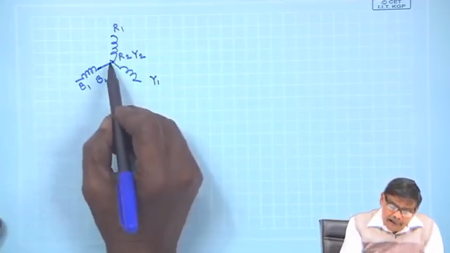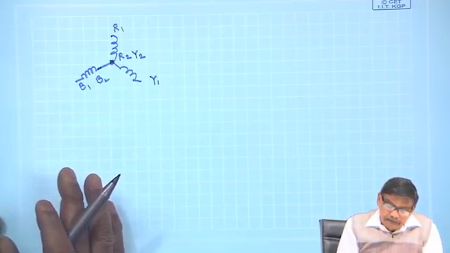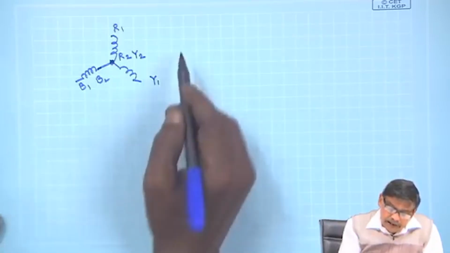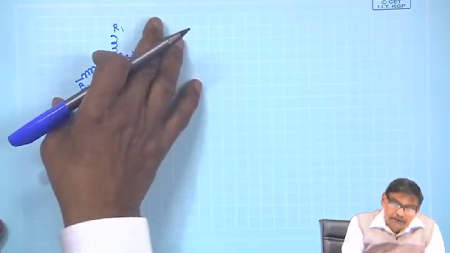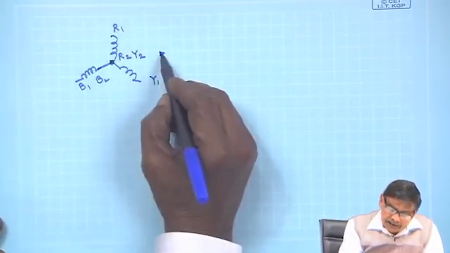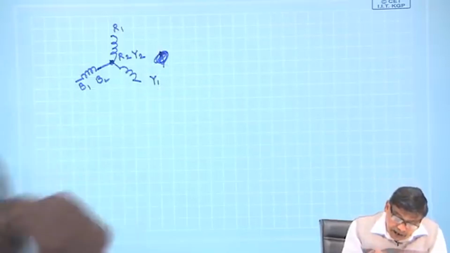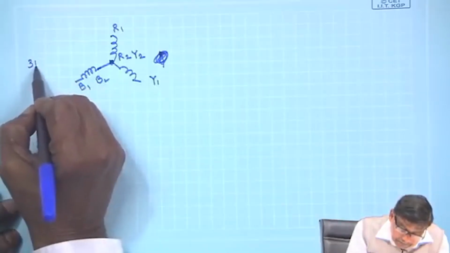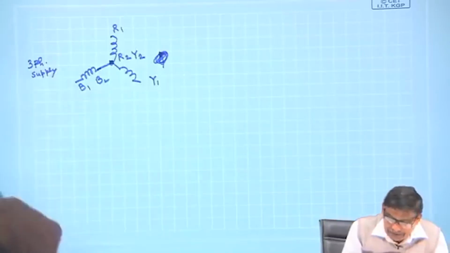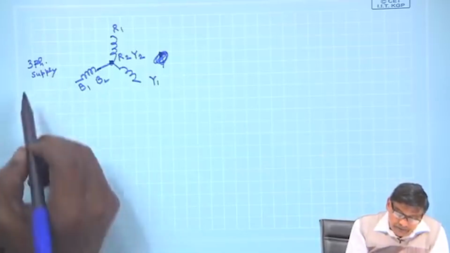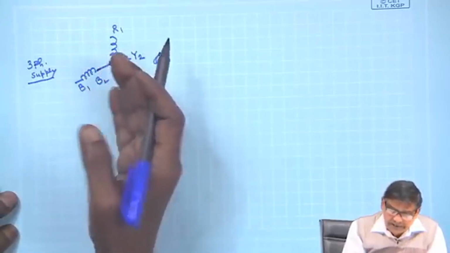These 3 windings carry current like this. Now, if you have a 3 phase supply, please do not miss any point when I am telling this, this is very important. If you have a balanced 3 phase supply, it could be stator or rotor winding.